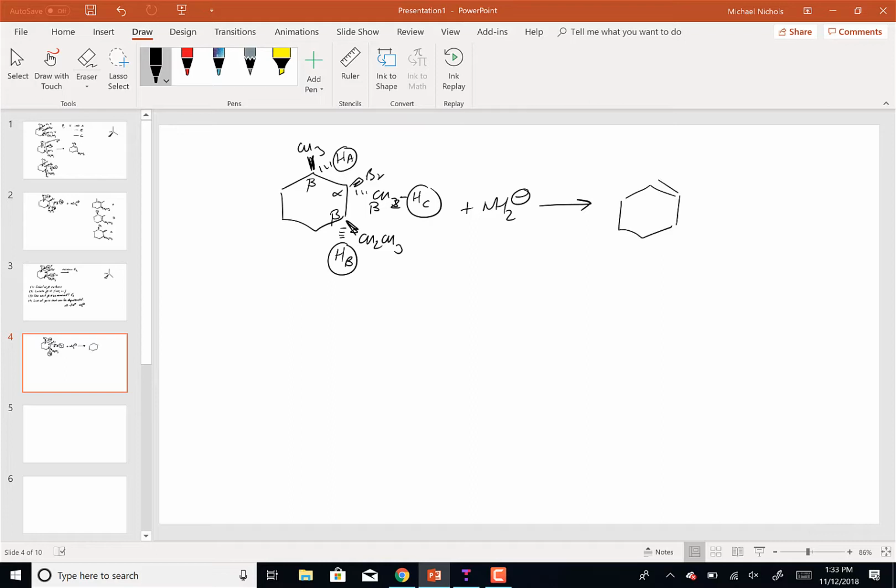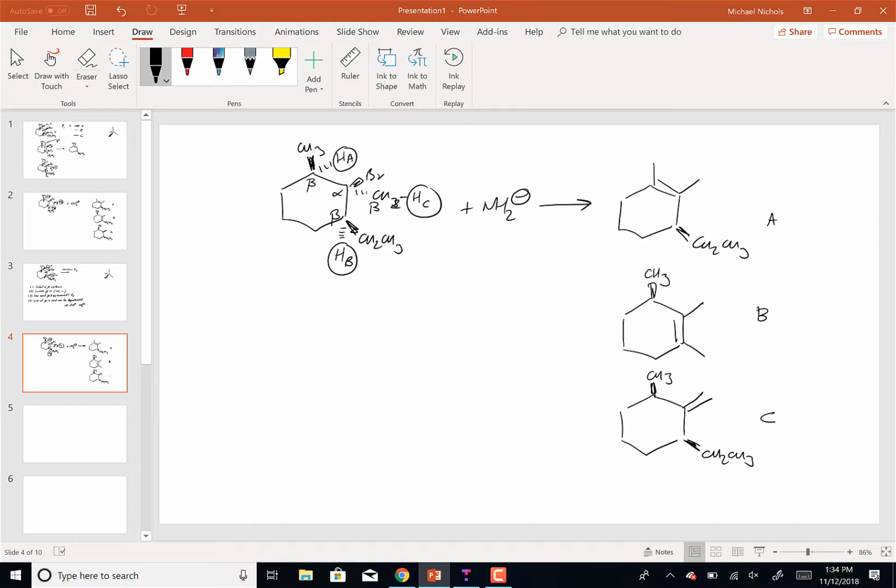Well, A is going to have the double bond there with then the CH2, CH3, so there's product A. There's product B. And there's product C. Which one's most stable?